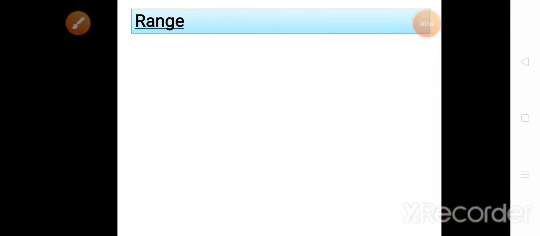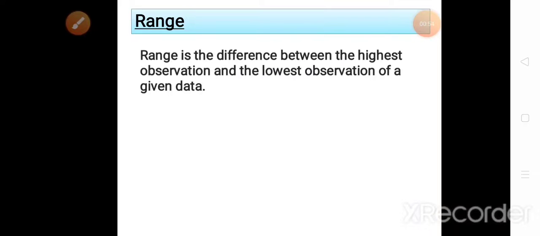Now, this particular sequence of observations that are collected and arranged from highest to lowest or vice versa has a particular name, and that name is range. Therefore, range can be defined as the difference between the highest observation and the lowest observation of a given data.